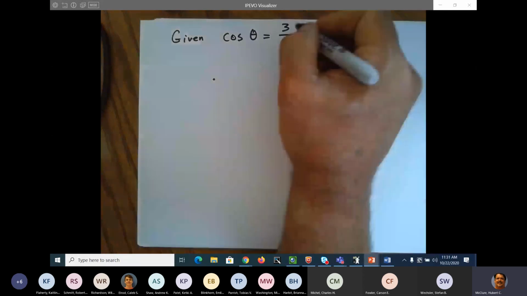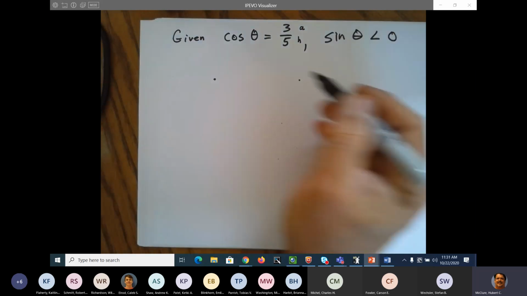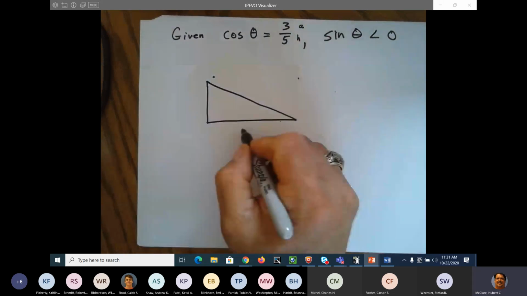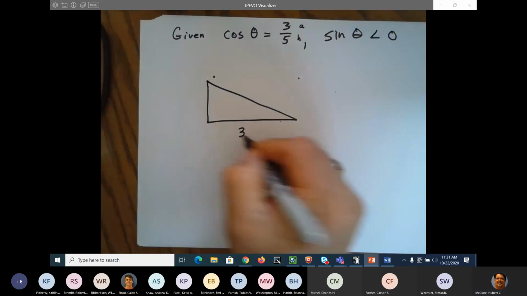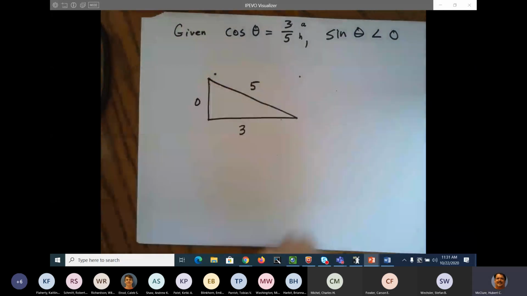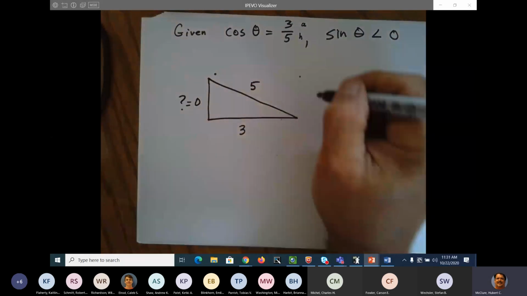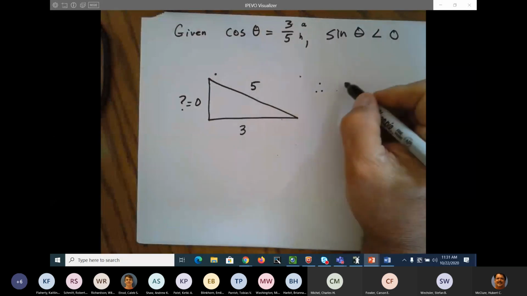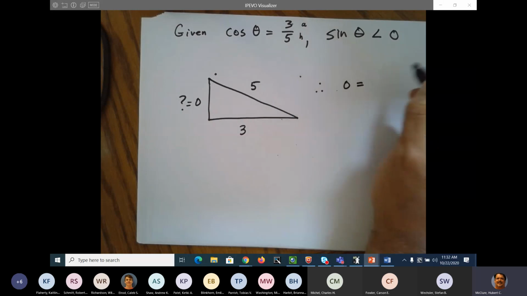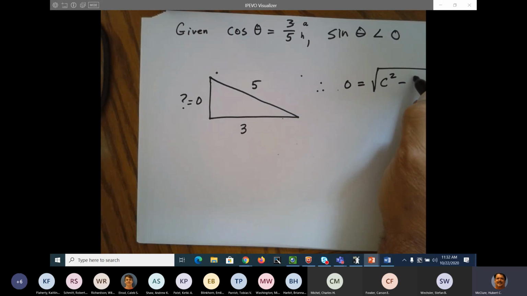So this is SOH CAH TOA. So this is a triangle, and the adjacent is equal to 3, and the hypotenuse is equal to 5. We've got to find the opposite. We don't know the opposite. So therefore, one leg of the triangle, the opposite, is equal to the square root of c squared minus b squared.